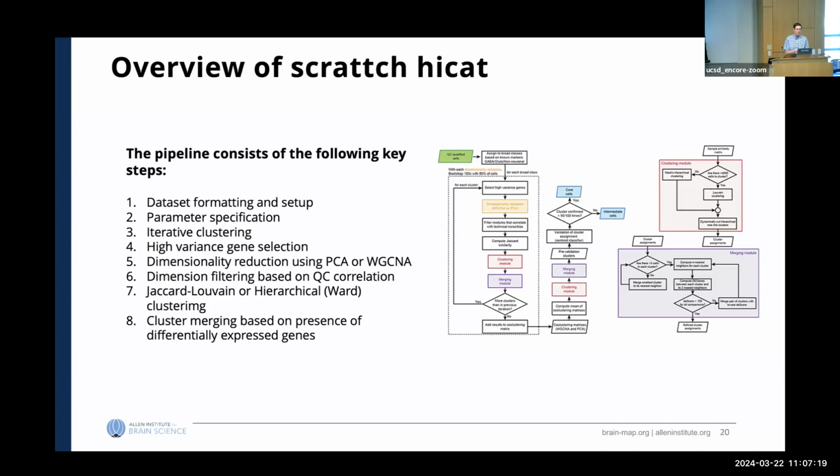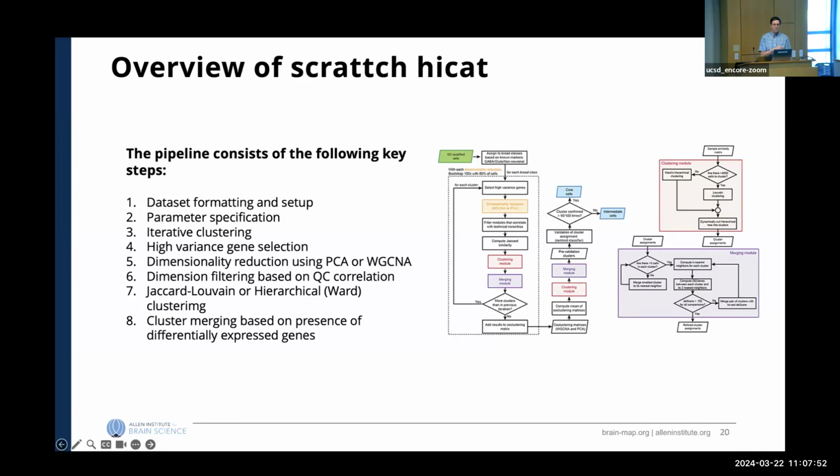You need to set those up because you need to sample over some of those. There's iterative hierarchical clustering, which is done. Then we look for high variance genes, the ones that are able to determine the difference between groups. Then there's a dimension reduction step, which could be PCA, or remember WGCNA, we talked about that right in the beginning, using WGCNA to determine the primary modes, right?